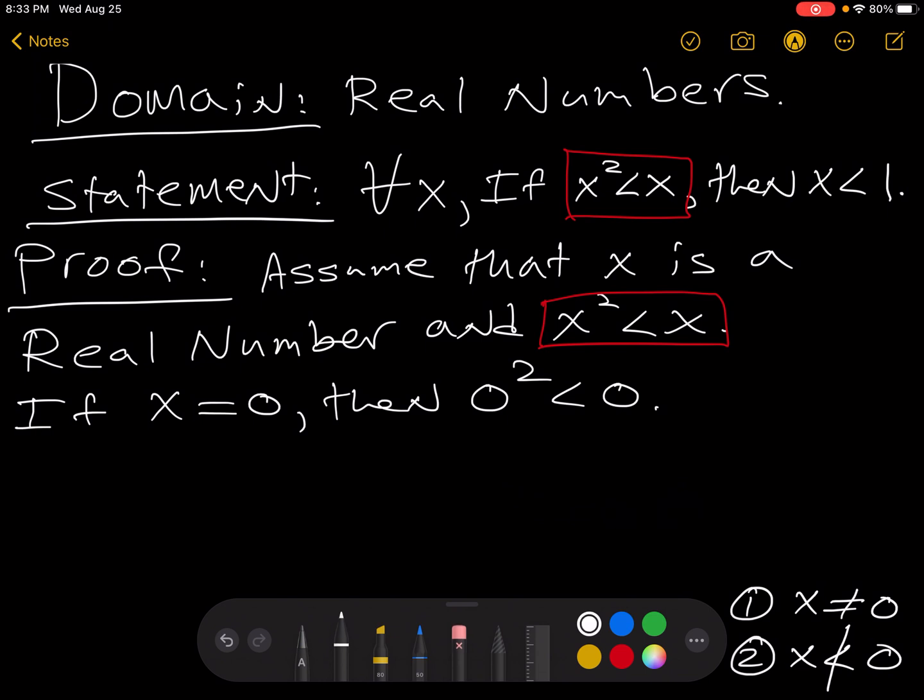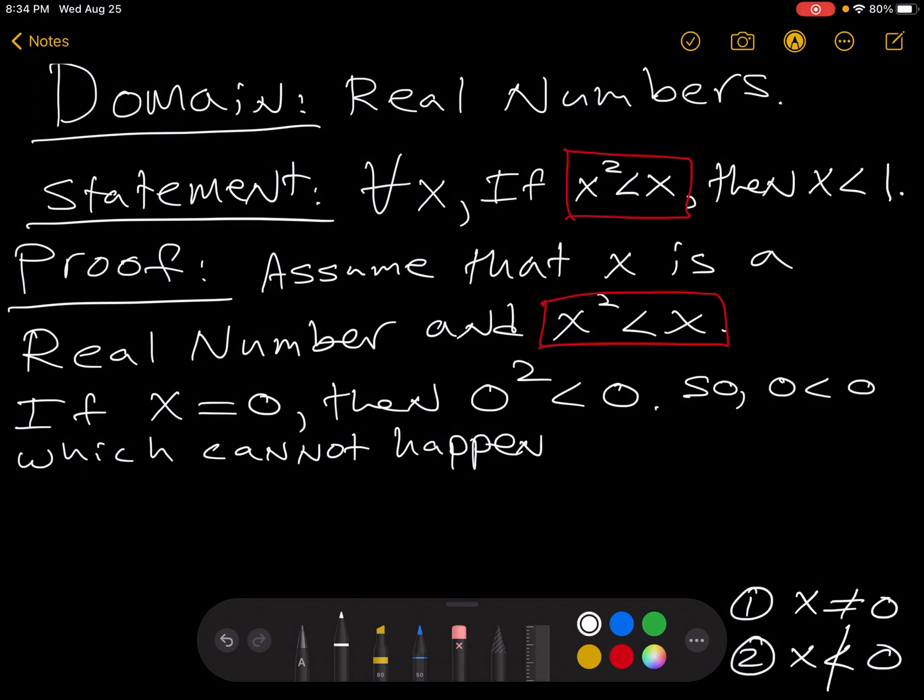Okay, well, if x is equal to 0, then by our assumption, the thing in red there, we know that 0 squared is less than 0. So 0 is less than 0, which cannot happen. 0 can't be less than itself.